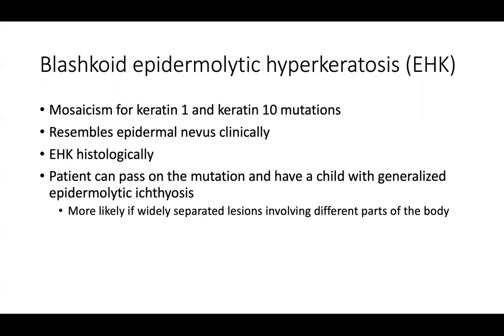But the important thing to note, and for your exams as well, is the patient can pass on this mutation and have a child with generalized epidermolytic ichthyosis. This is more likely if there are widely separated lesions involving different parts of the body. So like I said, if you do see it, just mention it in the comment, because this could be starting off a pattern for the patient.